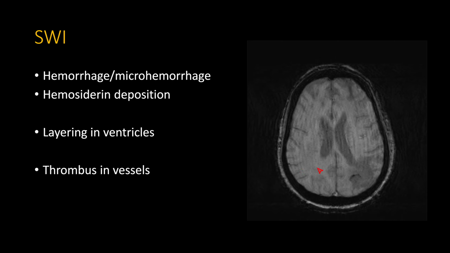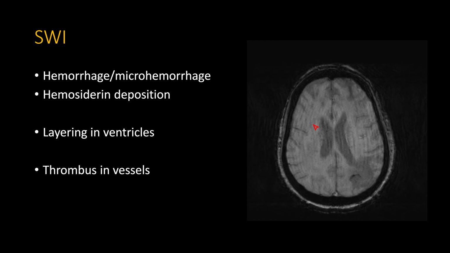So you look for a hemorrhage or microhemorrhage, and microhemorrhage would show up as little dots here. Now, what I consider microhemorrhage are little dots of dark signal. Everything on SWI that's abnormal would be dark. So what I consider microhemorrhage is dark dots on SWI that have no correlate on any of the other sequences. That's what makes them microhemorrhage.